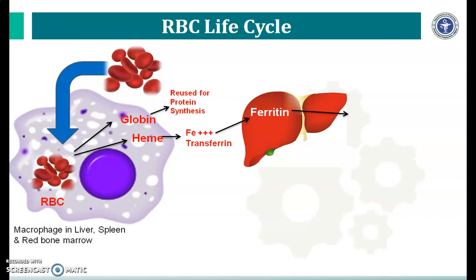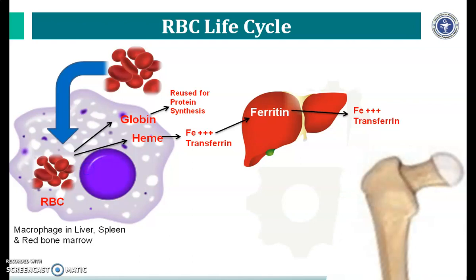Upon release from the storage site or absorption from the GIT, ferric iron reattaches to transferrin, and this ferric transferrin complex is then carried to the red bone marrow, where RBC precursors take it up through receptor mediated endocytosis for use in hemoglobin synthesis.